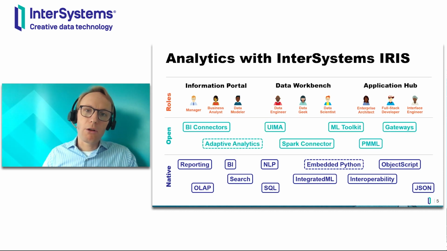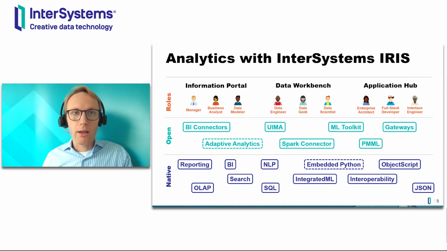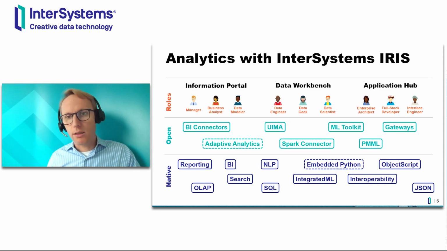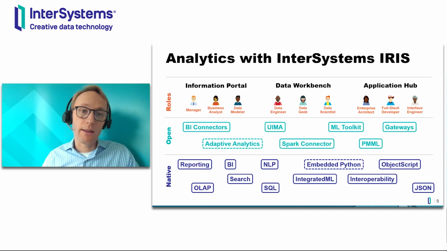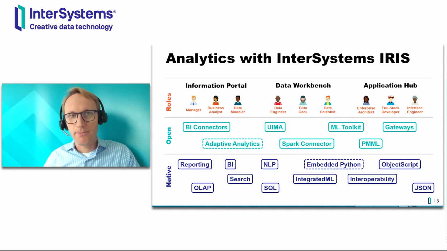To complement our native capabilities, we also offer a fair bit of openness by supporting industry standards and third-party technologies and products, and that's what this green swim lane is all about. You'll see that adaptive analytics and embedded Python have a dashed line around them, because they're new and they are being announced at this conference.